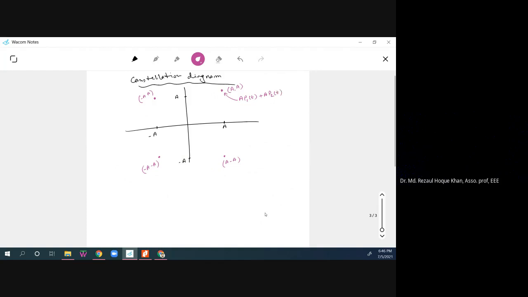The first combination is a p1t plus a p2t, this is the second combination, the third combination, the fourth combination. So you can write each individual signal: a p1t minus a p2t, and minus a p1t minus a p2t. Okay, so this is the constellation diagram.